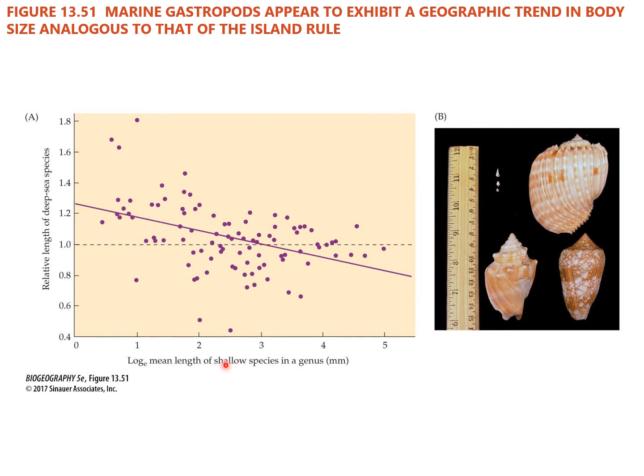Here that's shallow species and deep sea species, but this would basically be the mainland species and the island species. This would be gigantism, and this would be dwarfism here. So it's a very similar sort of trend that's going on. It really comes down to the isolation and different ecological conditions once an organism gets to that isolated space.